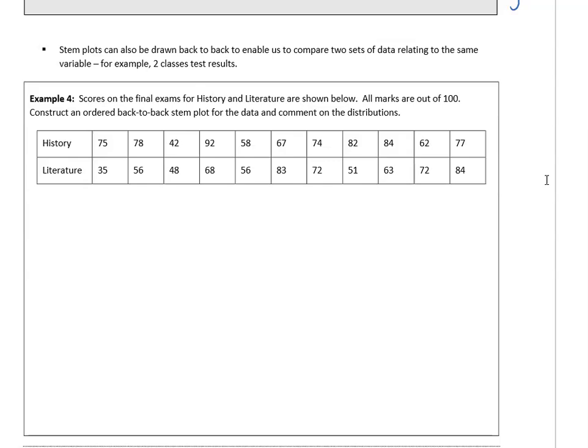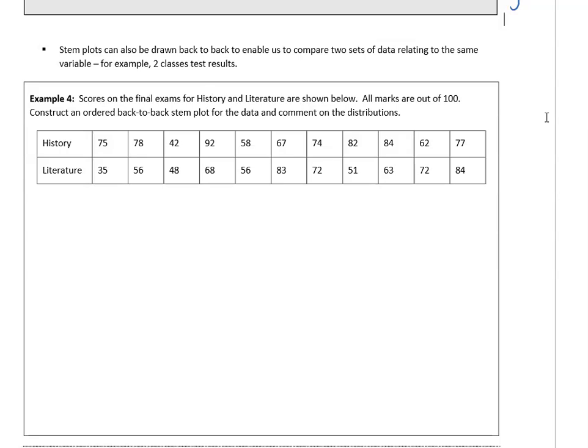And so what I'm going to do here, instead of doing a full comment on both of those sets of data, I'll do a comment for one, and then we'll also start to talk about how we might compare data sets. But just note that comparison will come in a bit later when we start bivariate data.